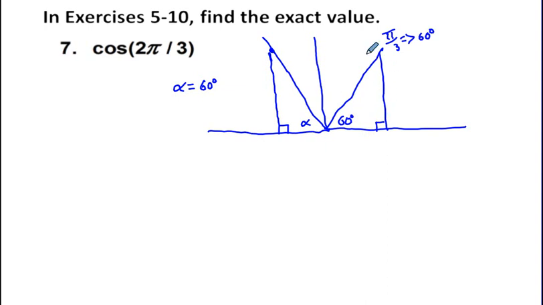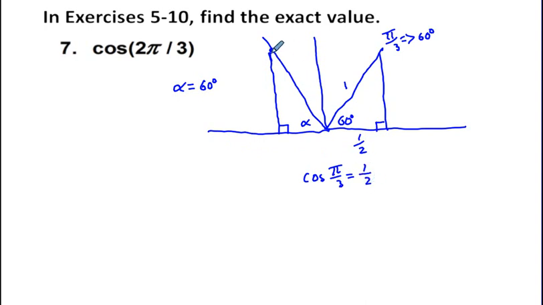We're looking for cosine. Well, 1 is going to be our hypotenuse by definition, and the short side over here below is going to be 1/2 of the long side, so that's going to be 1/2, and so our cosine of pi over 3 is going to be 1/2.